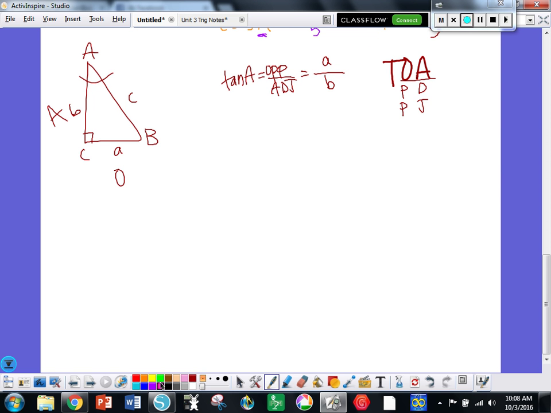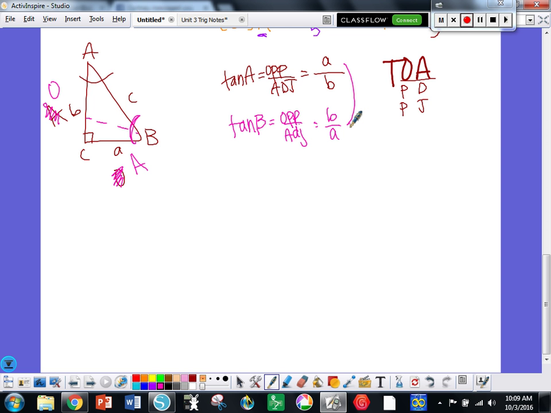But when I switch my angle, what happens? It's still opposite over adjacent, but this is no longer A, it is now O, across from angle B. This is no longer O, it is now A, so they switch. Opposite over adjacent is what over what? B over A. Notice, those are just flip-flops, right?